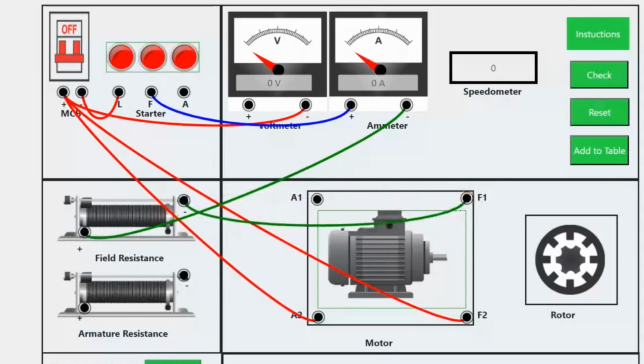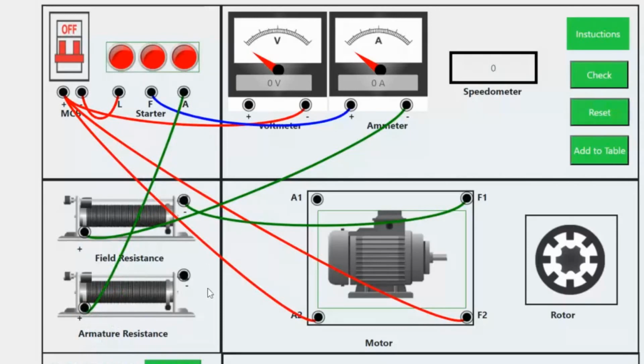Connect A port of the starter to positive terminal of the armature rheostat used to vary the armature voltage.